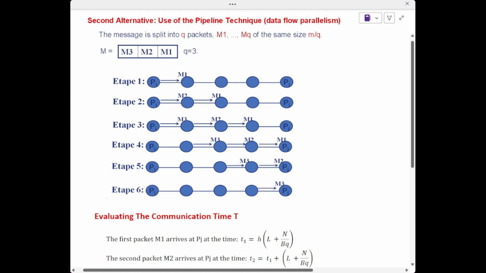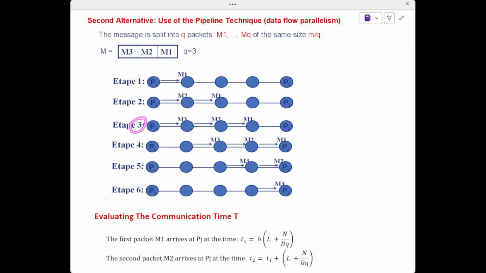Here we split it into 3 equal sub-messages, and we will send this from Pi to the first hop. M1 will be here. After this we go to the second step. At that time M2, the second part of the message, will be sent from Pi to the first hop.